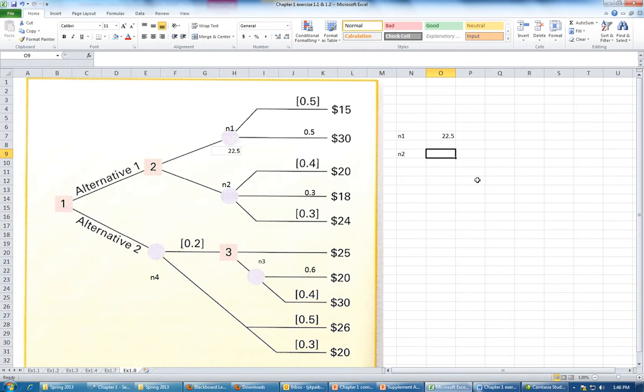So it's going to be 0.4 times 20 plus 0.3 times 18 plus 0.3 times 24, which gives you 20.6.